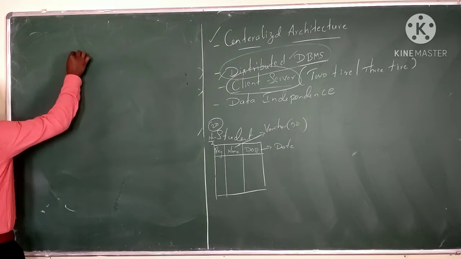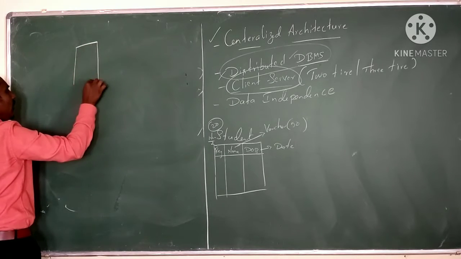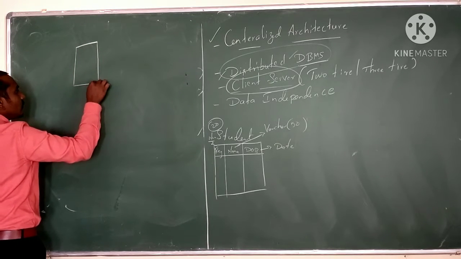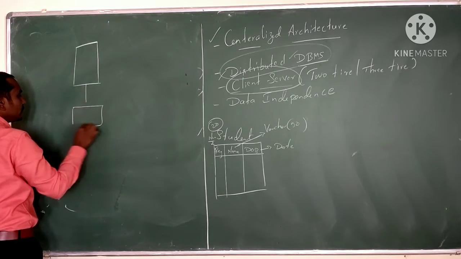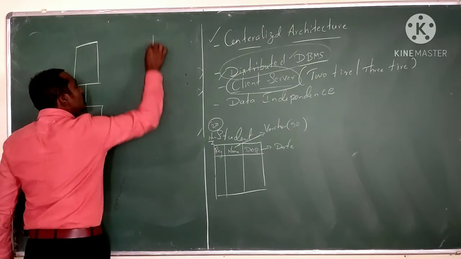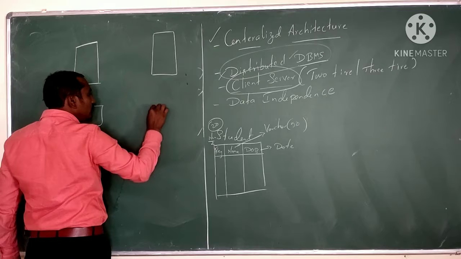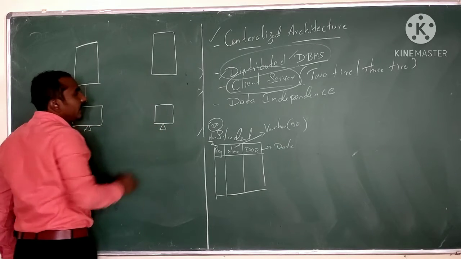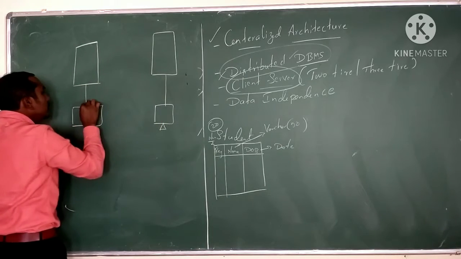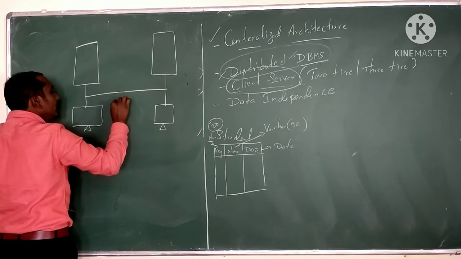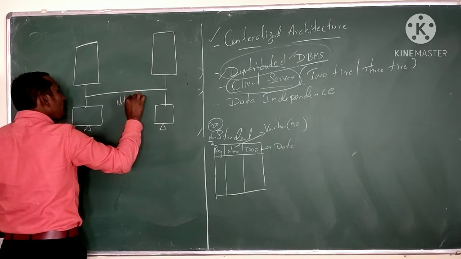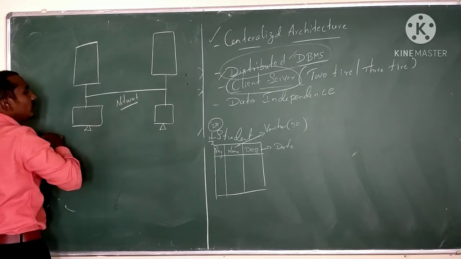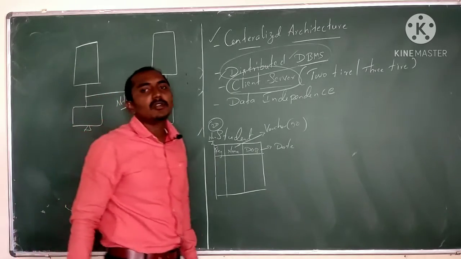Like say for example, I have a server and I have a client, and again I have some other client or server and some other client. These devices will be connected with a network. Like that you can have any number of clients and any number of servers.